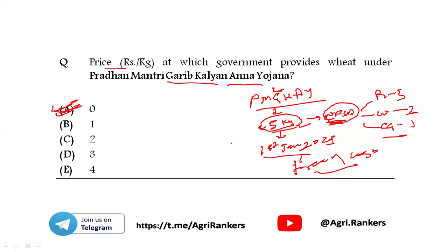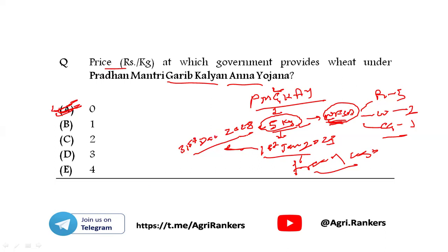This will continue till 31st December, this date is also important, 31st December 2028. Till 31st December 2028, all the beneficiaries who earlier used to pay some amount to get their entitled ration will now get all those food grains free of cost, at 0 rupees per kg.